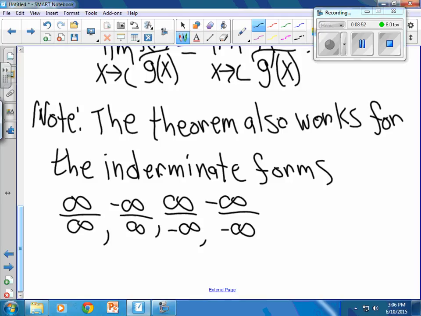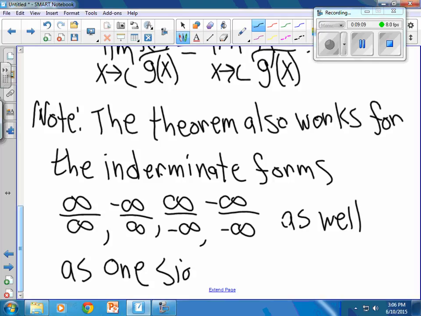So actually all of those forms can be tackled by L'Hopital's rule, as well as one-sided limits. So the theorem is stated in terms of the indeterminate form 0 over 0, and it's stated as a two-sided limit, but it works for these other indeterminate forms as well as one-sided limits.